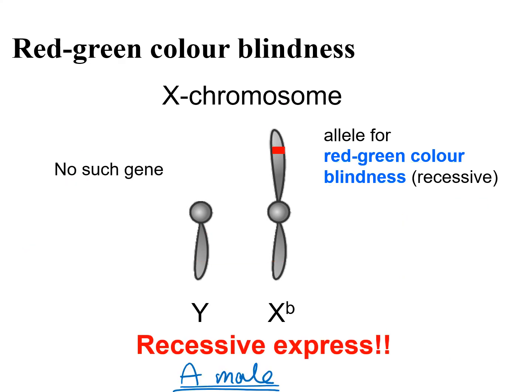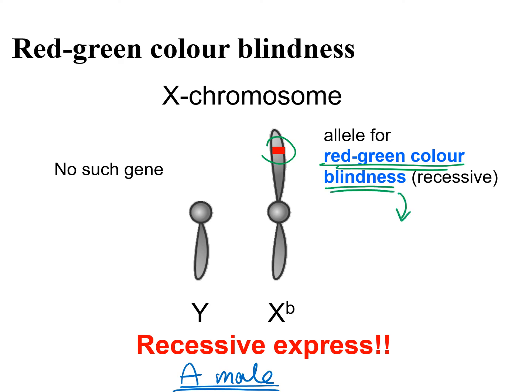This time, take a look at the case of a male. For the male, he is going to have one Y chromosome on the left and one X chromosome shown on the right. Let's take a look at the right X chromosome first. On the X chromosome, it has an allele for red-green color blindness.